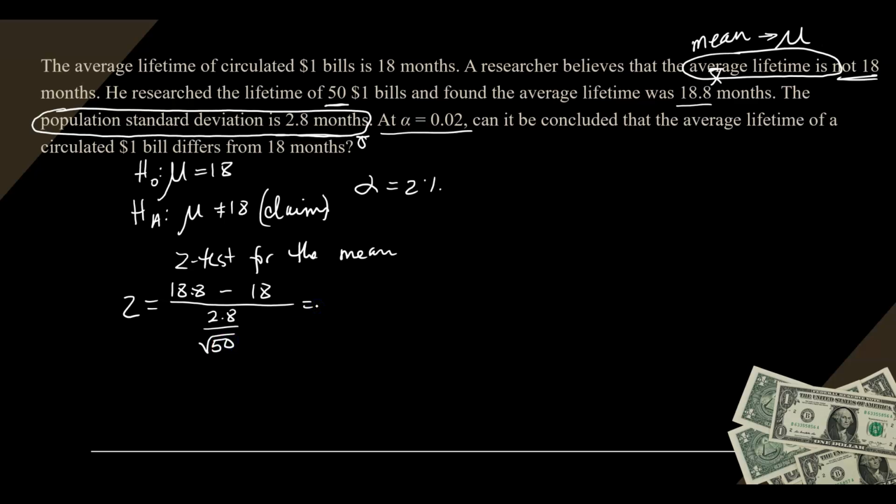We put all of that into the calculator and we end up with 2.02. This is our z-test statistic.